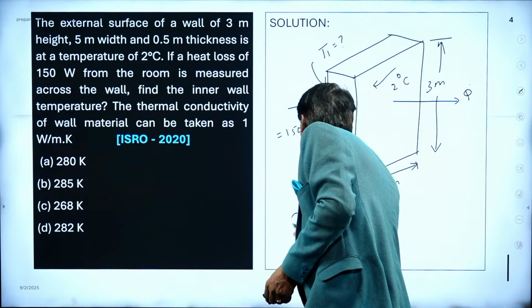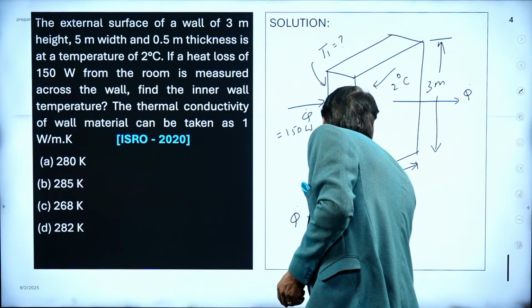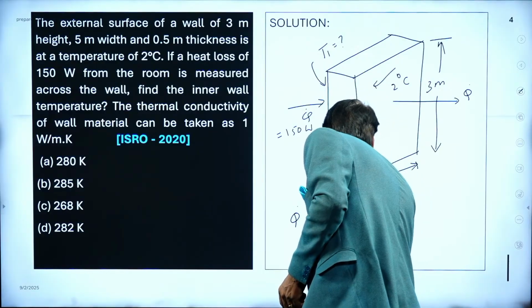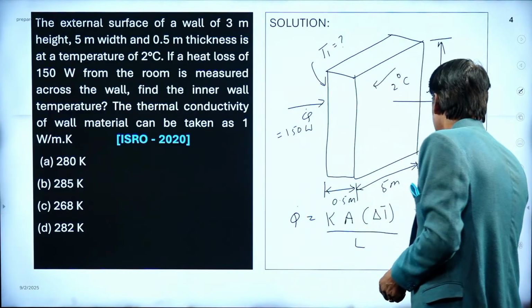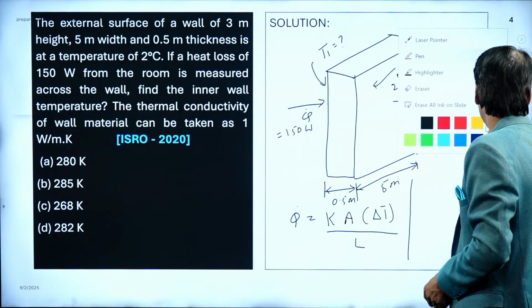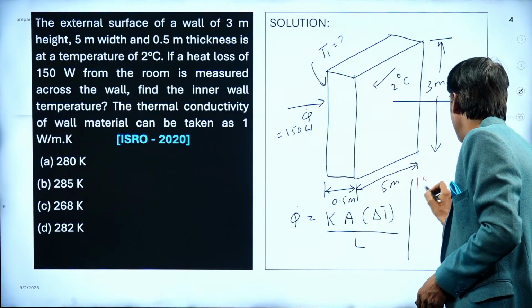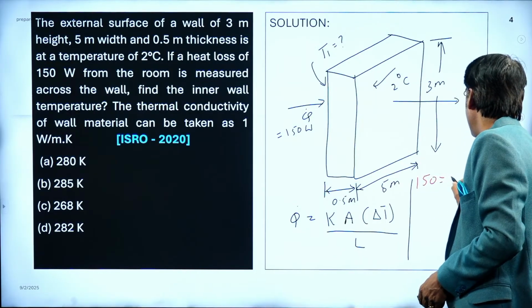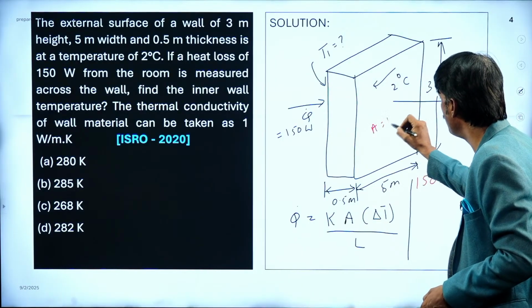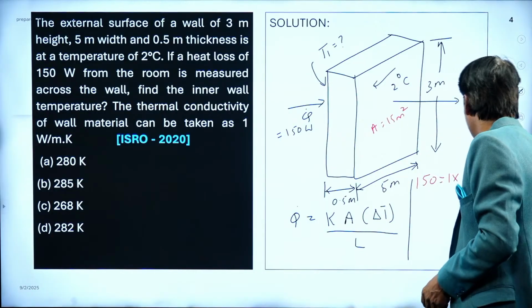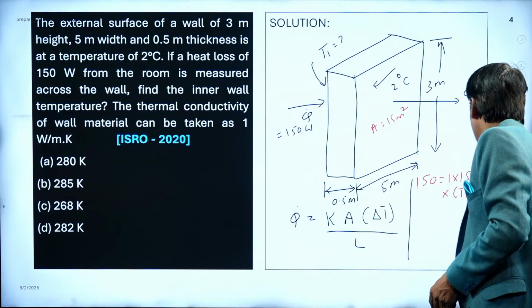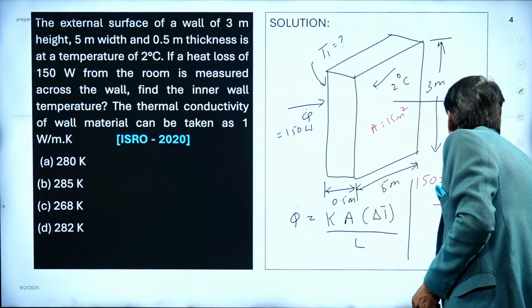So your relation is simple: Q dot is equal to K A delta T divided by L. Writing this numerically, 150 is equal to K, which is 1, times area, 5 into 3, which is 15 meters squared, times T1 minus 2, divided by thickness 0.5.